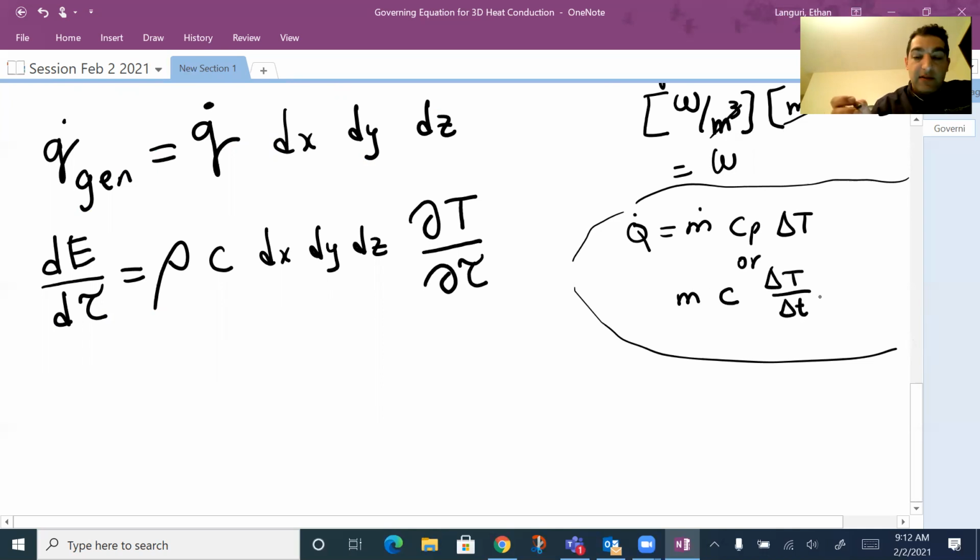This is exactly the same. Here, mass is nothing but density times volume, which in this case is rho times dx, dy, dz.